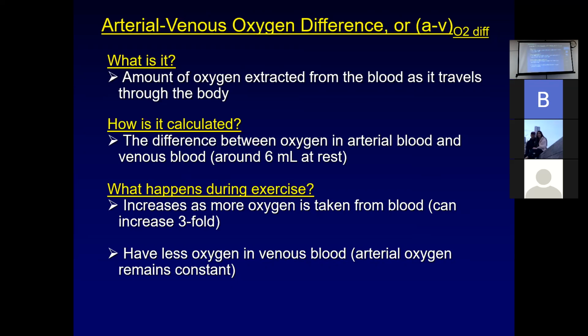It is a way for us to measure something called oxygen extraction. So you know how much oxygen is in arterial blood, it goes to a tissue. You know how much is in the venous blood leaving that tissue. The difference in oxygen just tells us then how much that tissue took up.